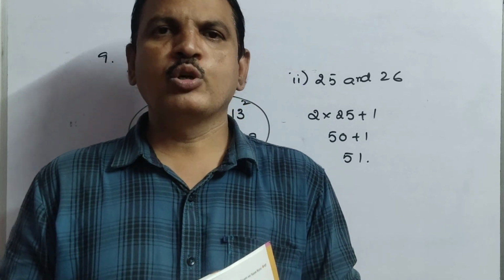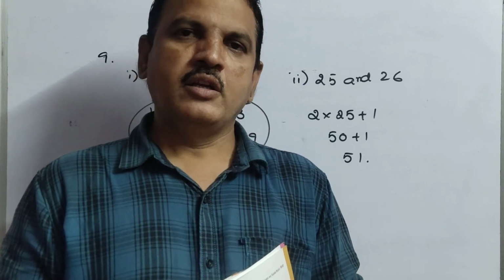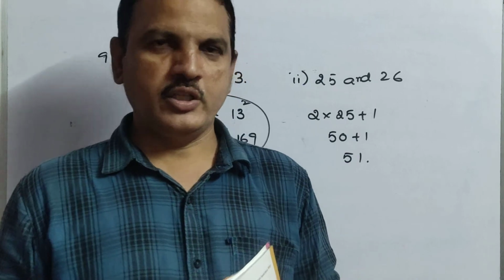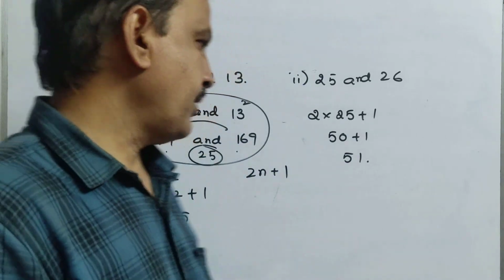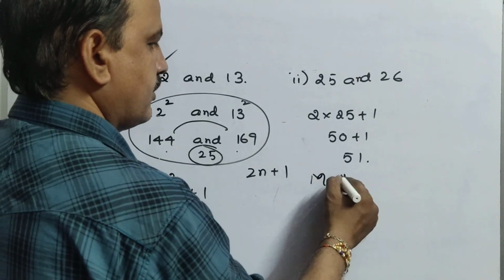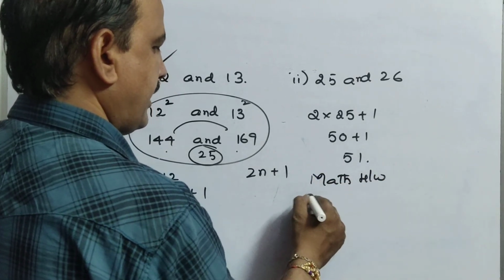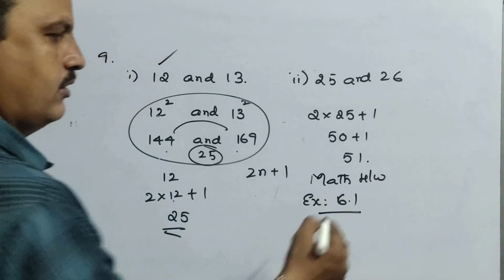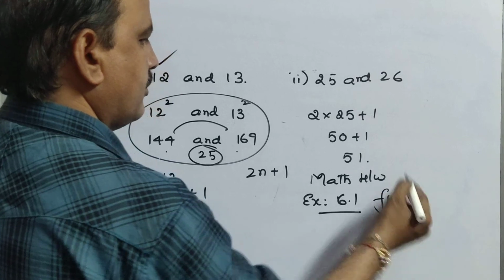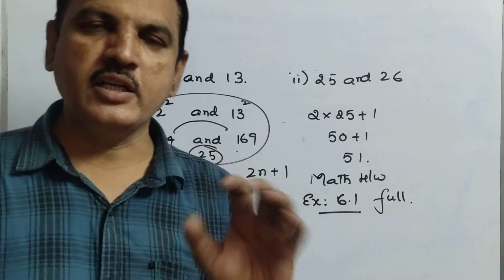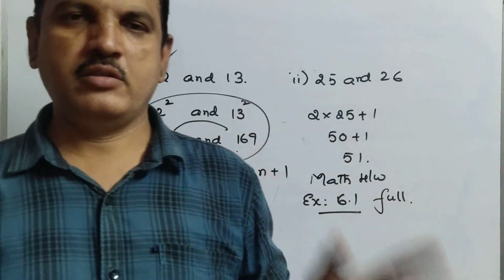Because most of the sums are for giving homework only. Today I gave you this, that means the full maths homework, exercise 6.1 full. You have to know the concept. I gave you the full homework just to show you how to write, that's all.